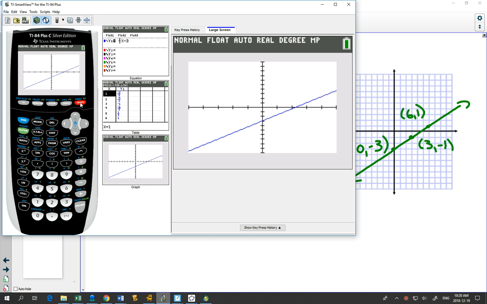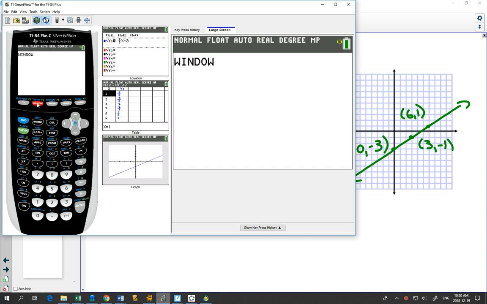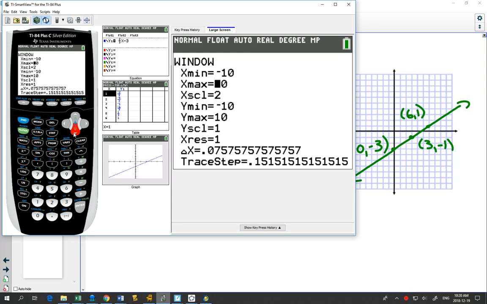Might be nice to go back to my window button and keep my scale back at 1. But you could also expand your graph and say, maybe I want to go from negative 100 to 100.